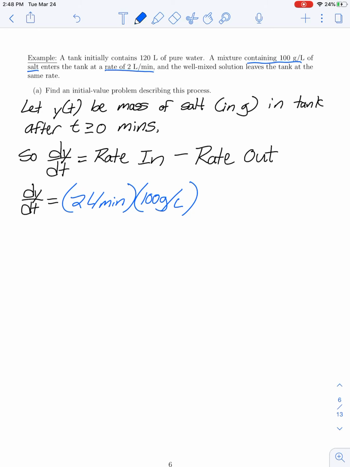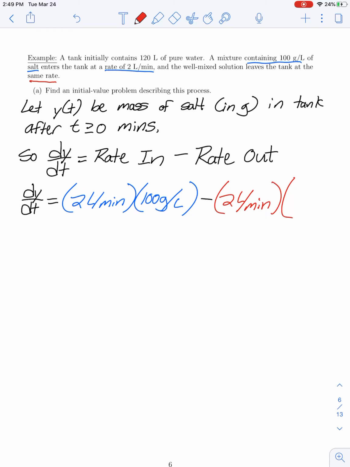Now, we're told then that this well-mixed solution is leaving the tank at the same rate. So for our rate out, we have solution leaving at the same rate of 2 liters per minute. And now let's think about how much salt is in each of these liters which is leaving my tank.